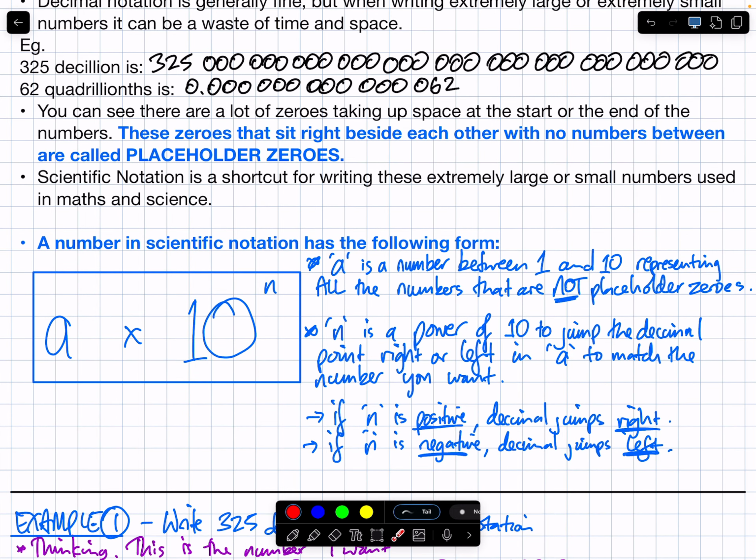These zeros that sit right beside each other and have no numbers between them are called placeholder zeros.